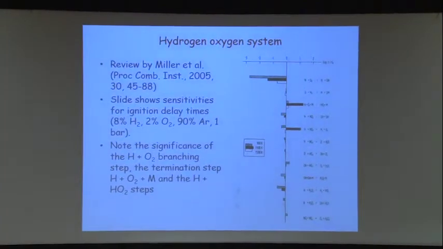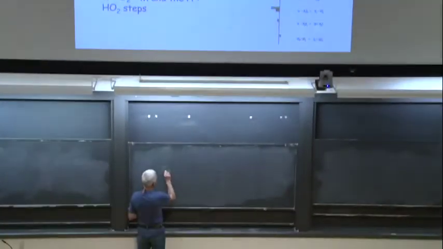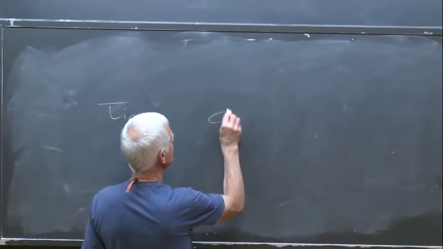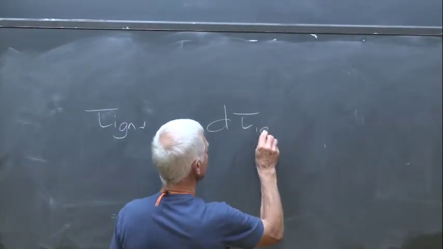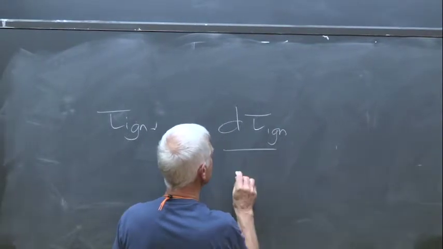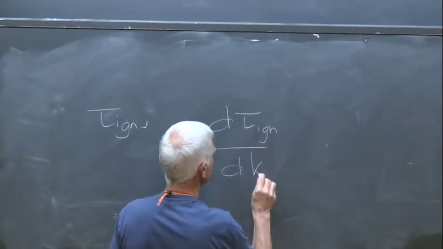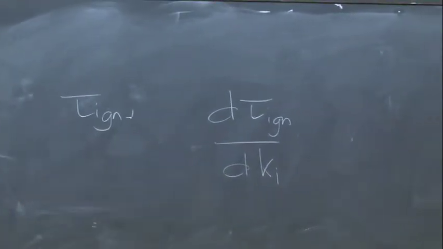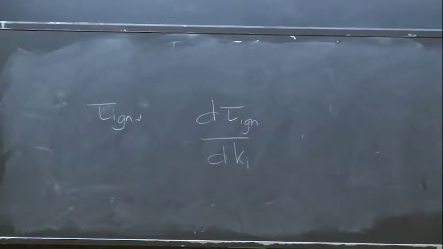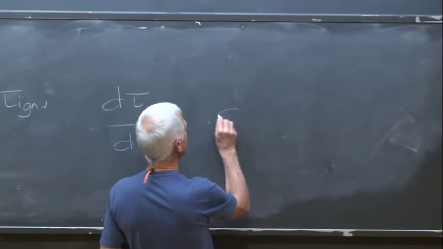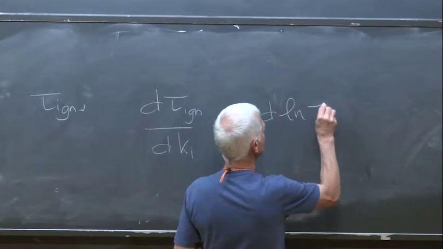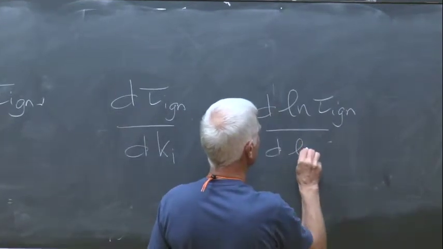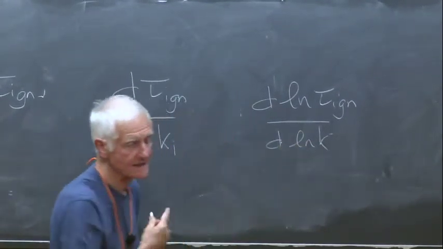And so if the ignition delay time is, let's call it T ignition, then the sensitivity is going to be something like dT ignition divided by d of a specific rate constant. Actually, it would probably be a normalized one, so it would be d log T ignition by d log k. So that's what we mean by sensitivity.